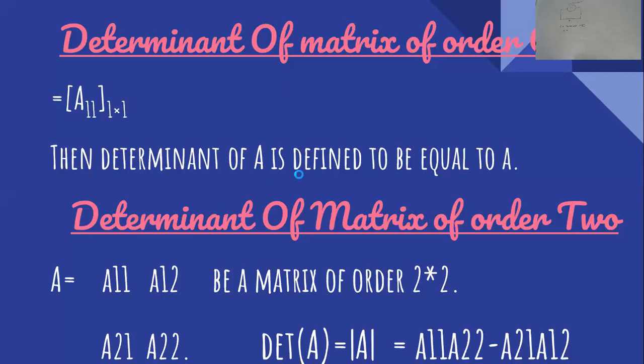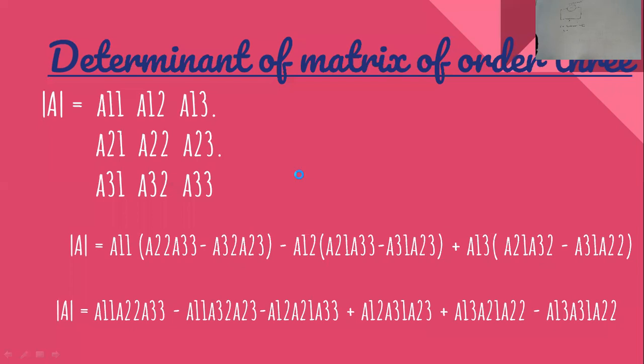Determinant of a matrix of order 3: mod of A is equal to the determinant with rows a11 a12 a13, a21 a22 a23, a31 a32 a33.